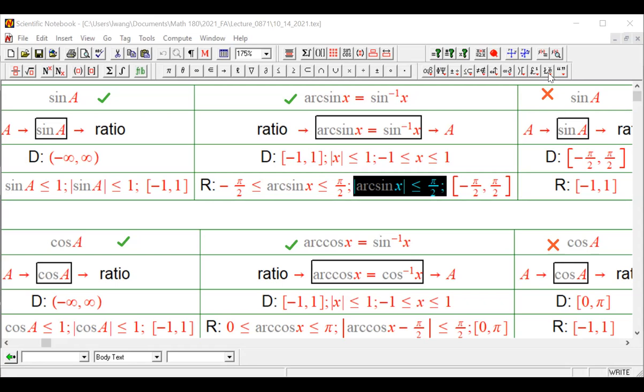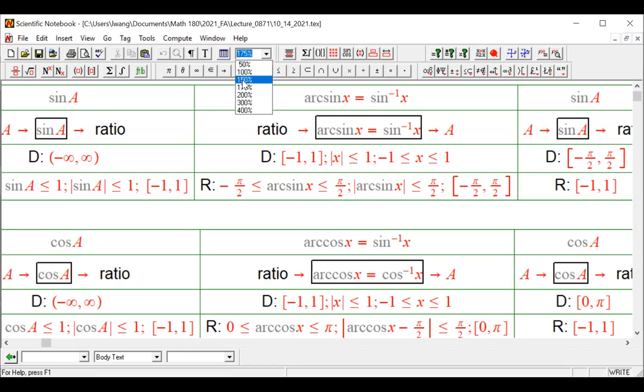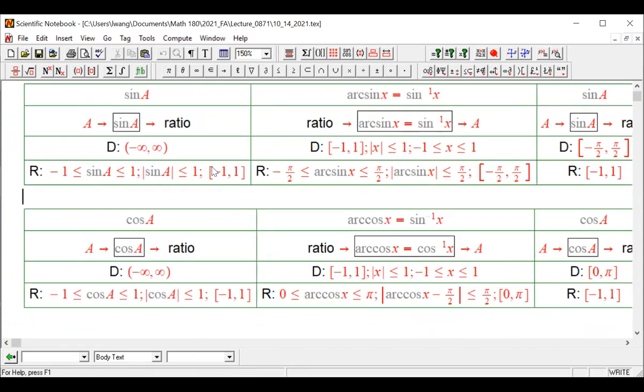Like in the situation we have gone over about the special properties. For example, the special property such as sine of ArcSine of x equals x, for x in the interval between -1 and +1.